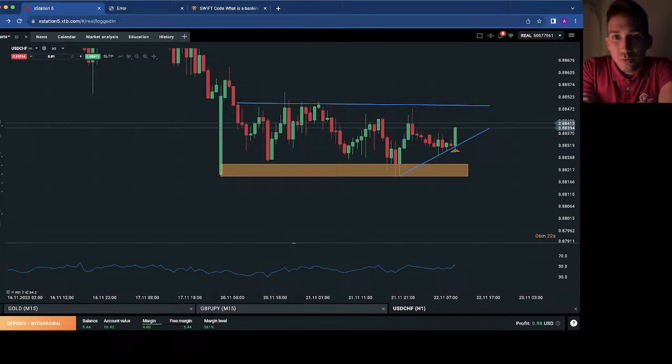Just wait for the market to really show you, because the market is not taking anything from you. You have to wait for it to develop the idea that it wants to do, how the price is going to go, and then you give the market the amount of money you want, and you take out of the market the amount of money you want. No one is forcing you to do anything.